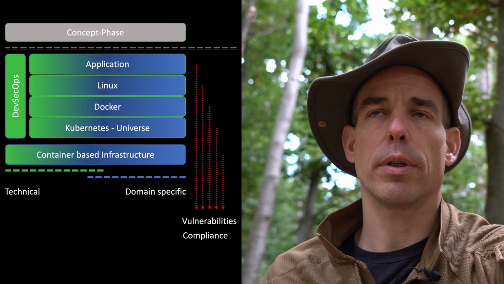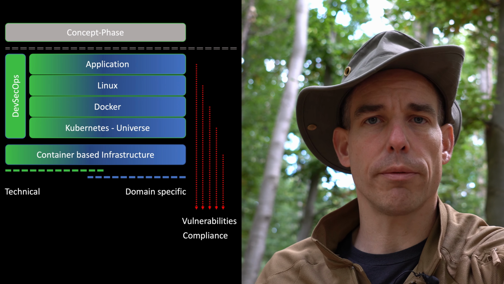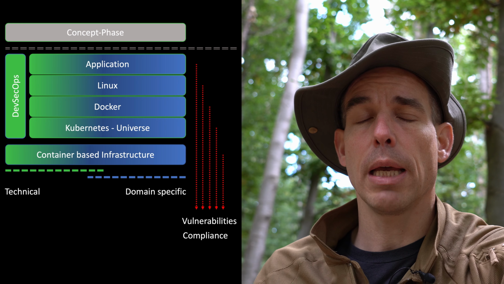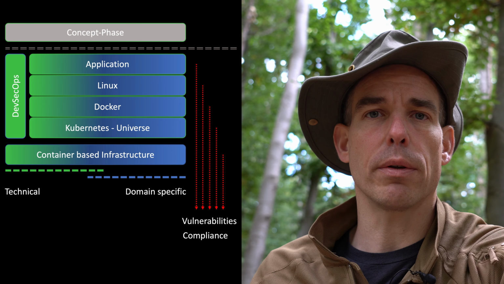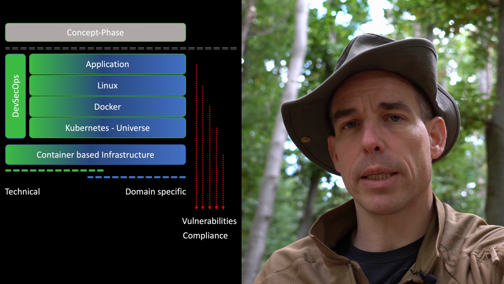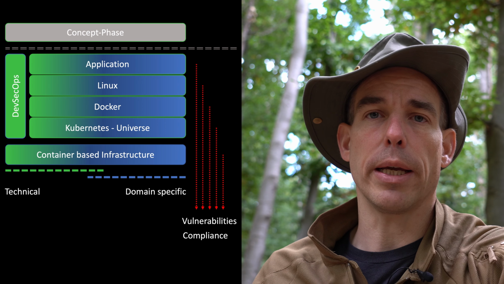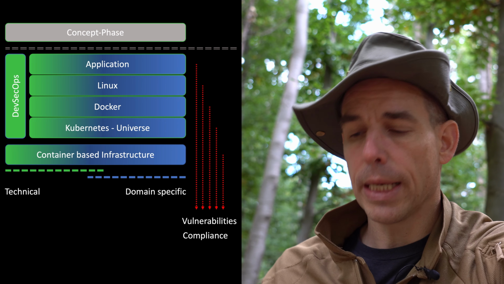So the most critical thing is for sure inside the concept phase. Security should be part of the concept phase, but the tooling itself will help you with everything that is coming after the concept phase. So this is why I'm excluding the concept phase here, and I'm just talking about the application layer and all followings.